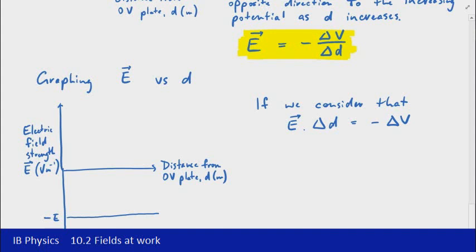Now if you take these two quantities, E and delta D, and you look at what we've got on the graph here, that means that we can look then at the area under a curve. So the area under the E versus D graph gives the quantity of potential difference.